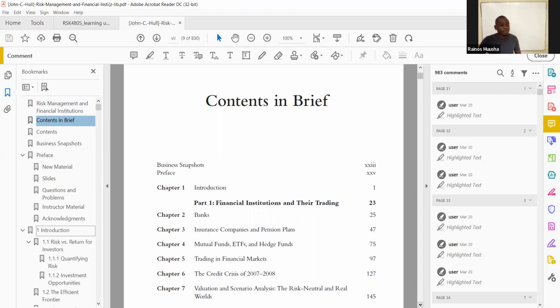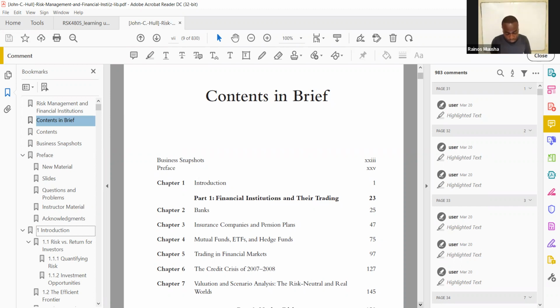Because chapter 1 is basically trying to show you that there's a relationship between risk and return. So given that relationship, how do you calculate risk? How do you calculate expected return? And also, how do you calculate the return of the portfolio? And how do you calculate the risk of a portfolio or of an asset? In this case, we're going to be looking at calculation of what? The standard deviation.